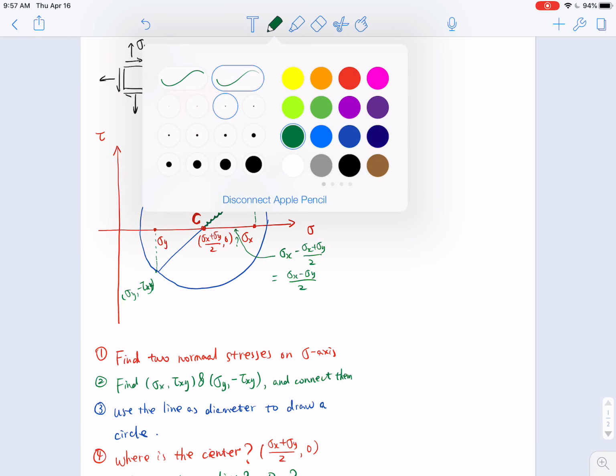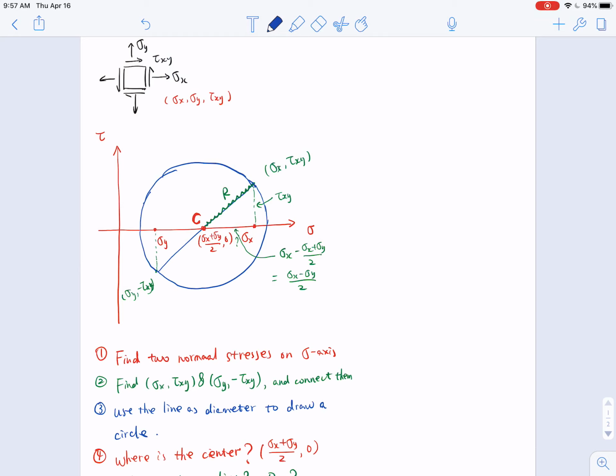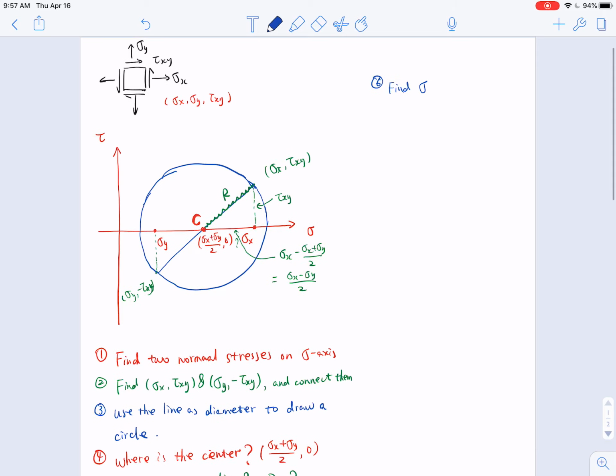Then in the next step, we can try to find the principal stresses, sigma p1 and sigma p2. How did we define principal stresses? These are the maximum and minimum normal stresses at this point.